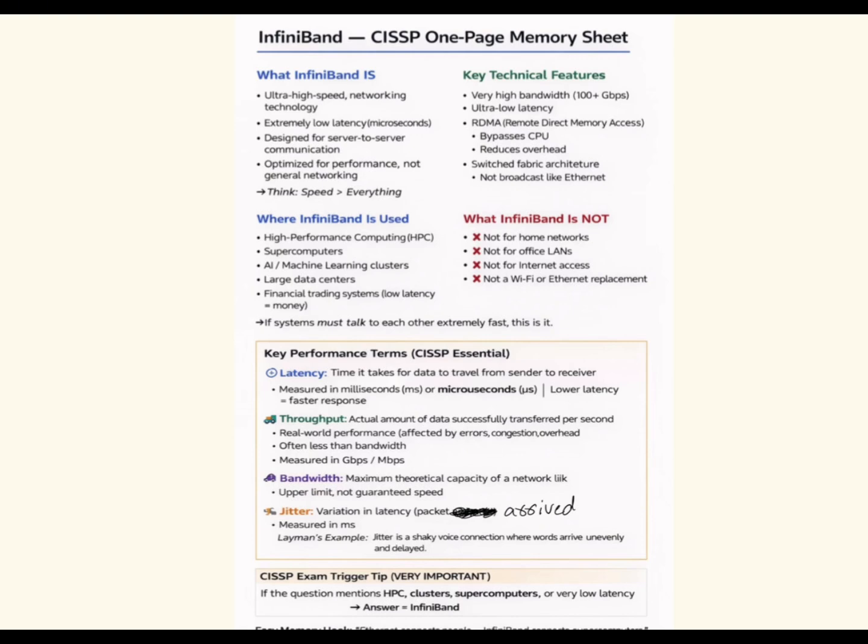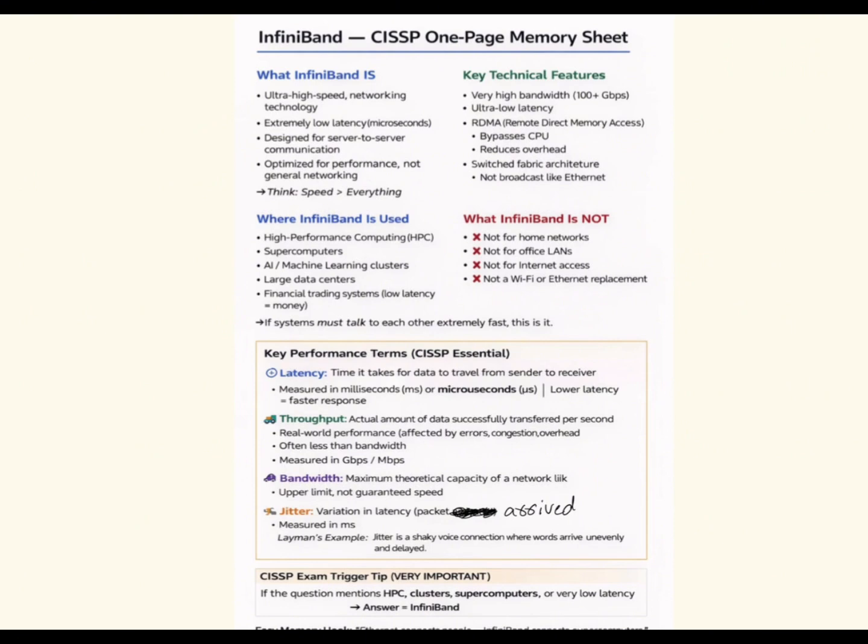The key technical idea is remote direct memory access. This is the core differentiator. So much lower latency, much higher throughput, much less CPU usage.